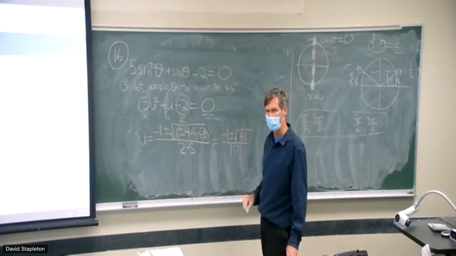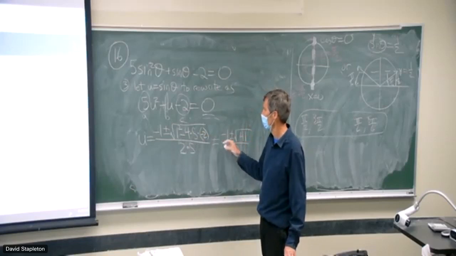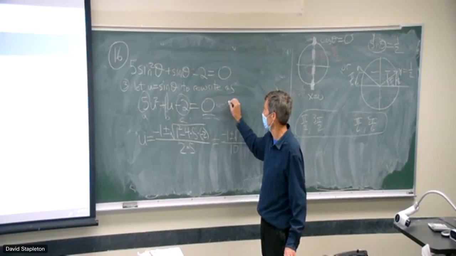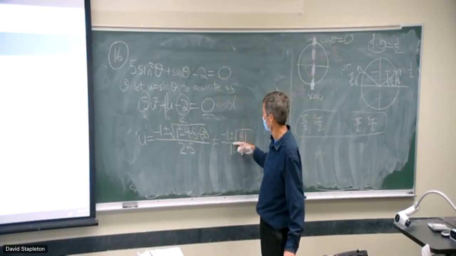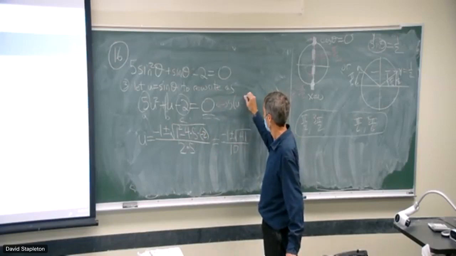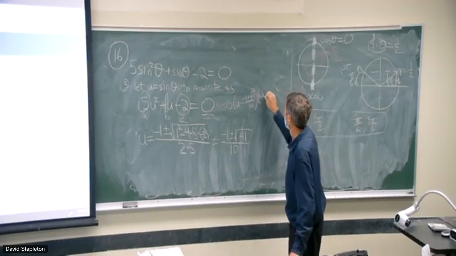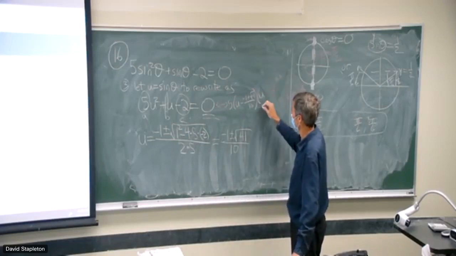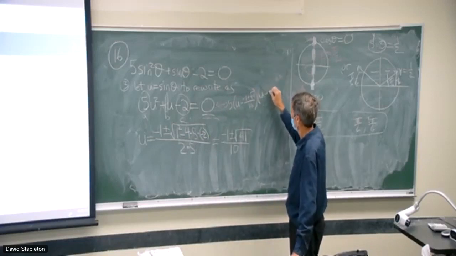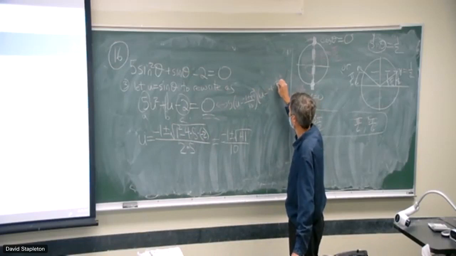You know what that means if you tried to factor it, if these are the two solutions? It means this factors as 5 times u minus one of these numbers, times u minus the other one, which would be minus 1 minus square root of 41 over 10. This is how it factors.